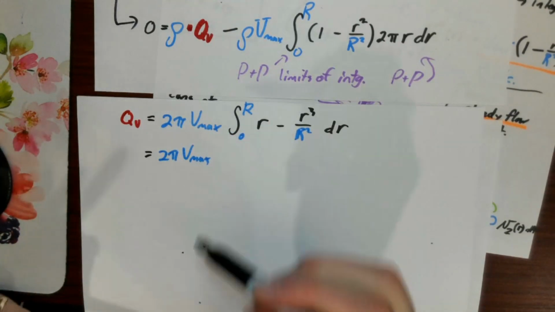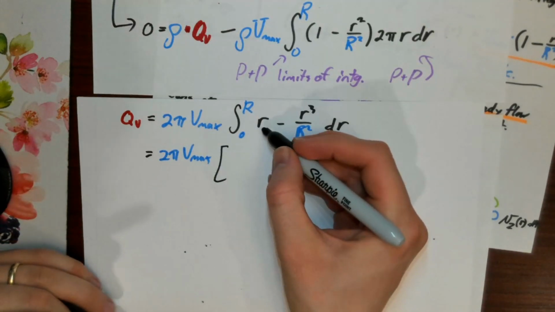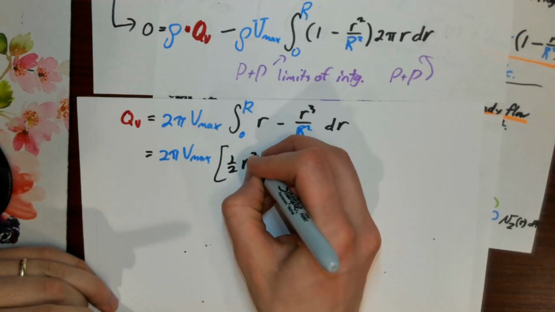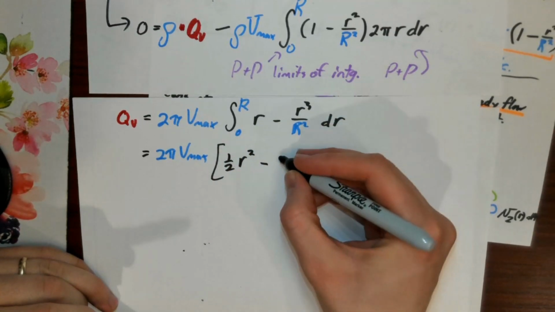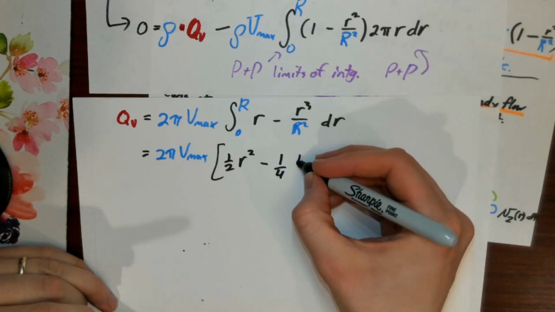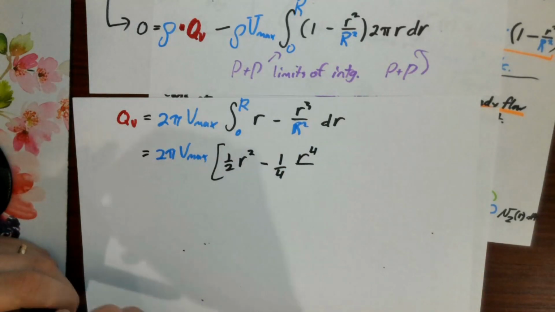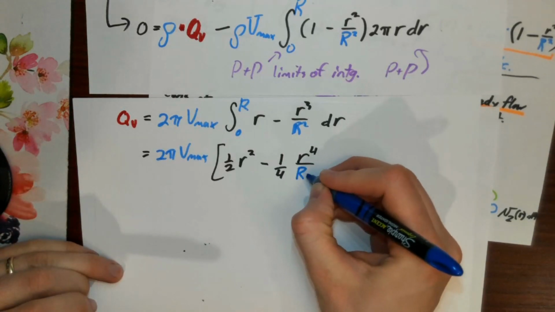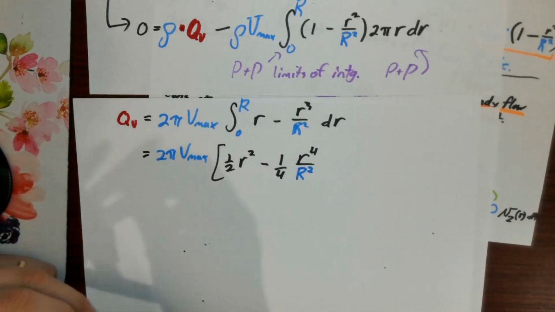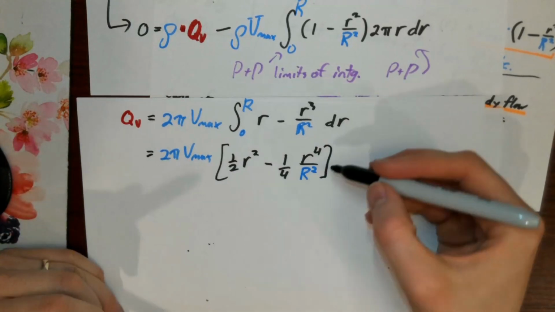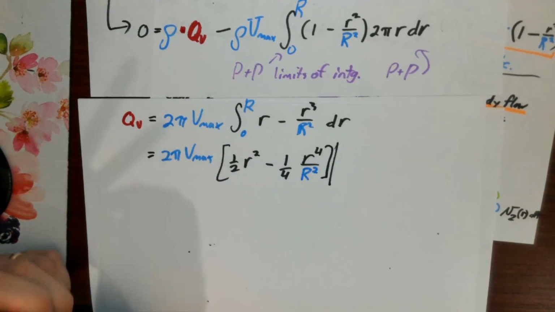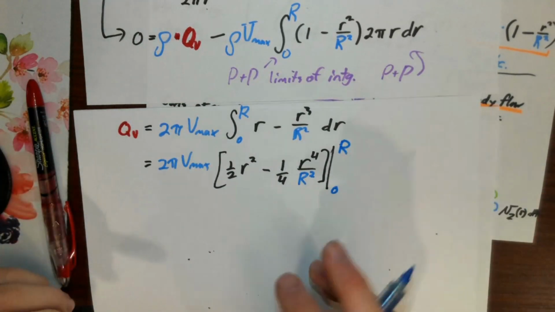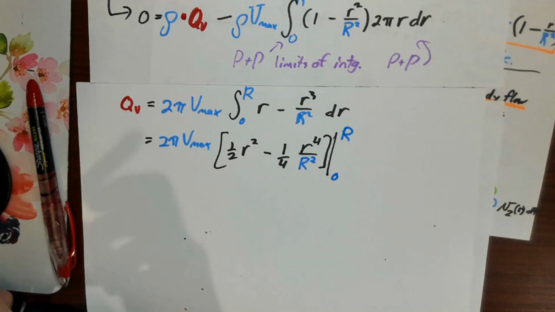And then when we do this integral, when you integrate little r, you get 1/2 r squared. When you integrate r cubed, you get 1/4 little r to the 4th, and this 1 over big R squared is still a constant, right? So we have 1 over big R squared. And of course, we're evaluating this integral at the limits of integration, which is going to be 0 to big R. So what does that give us?